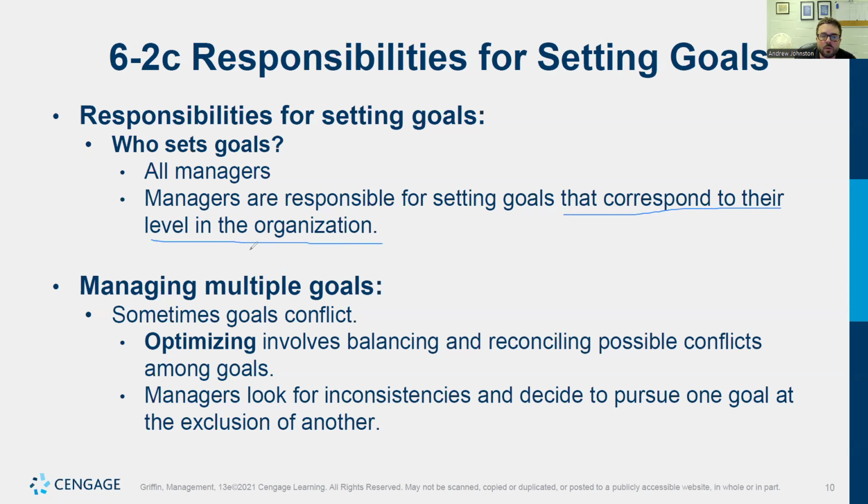You may also have to manage multiple goals, and sometimes goals conflict. Maybe the most common conflict between goals is the conflict between a desire to grow quickly and a desire for profitability.